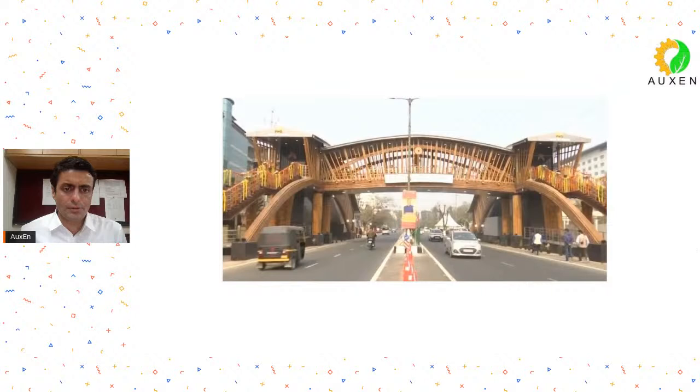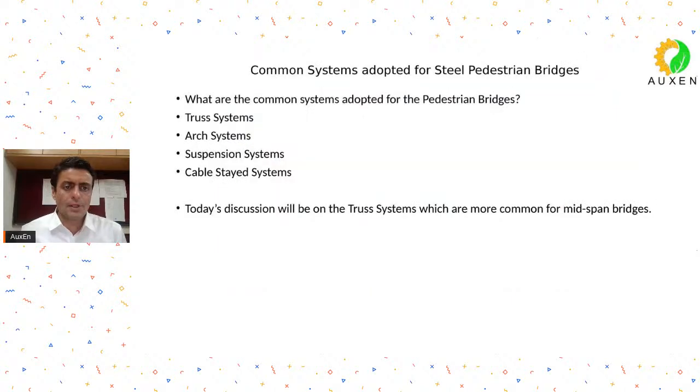This is a unique bridge which has been done in bamboo. This was quite viral on the internet a few months ago. I think it is in Assam. Which city, I don't actually know. So, what are the common systems adopted for pedestrian bridges? You can have a truss system, an arch system, or a suspension system.